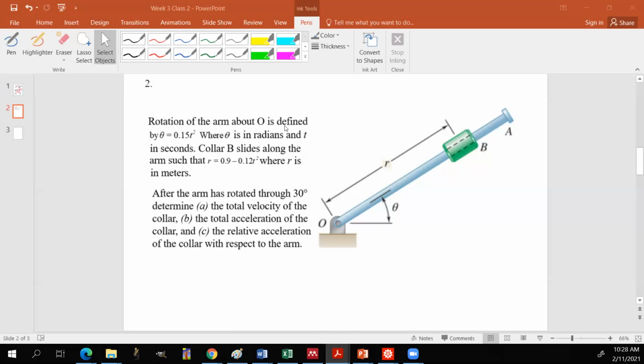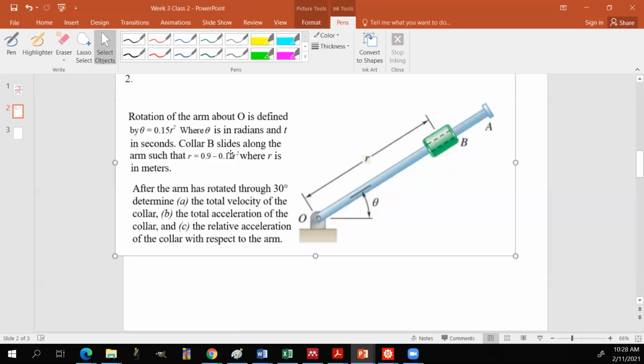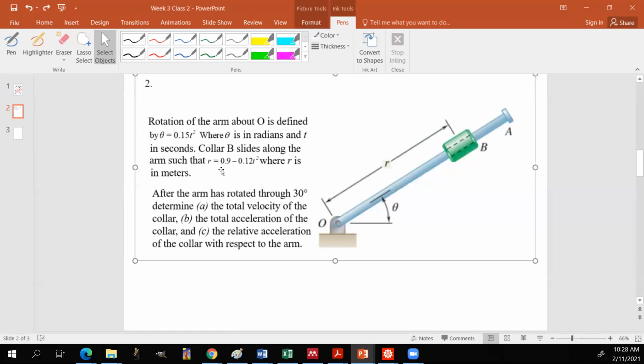And then you're also told that r, this distance r along this collar here, changes as a function of time using this function over here, where r is in meters, right? So this function of 0.9 minus 0.12 t squared is in meters, right?